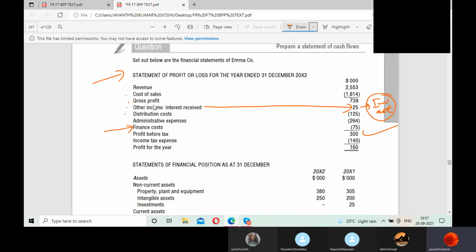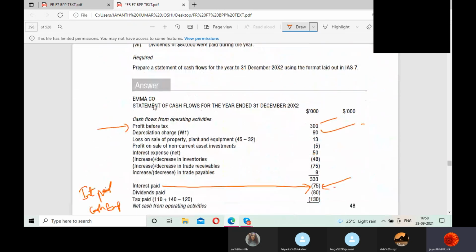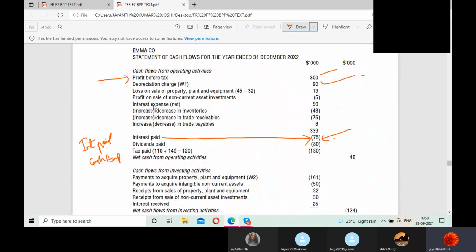So what we'll do is, again, we have to adjust the interest expense in non-operating activities. We will take that also. So I'm writing here. You can make a note. So all of you, till depreciation charge, everything is all right now. You can take interest expense. You can take this 75.